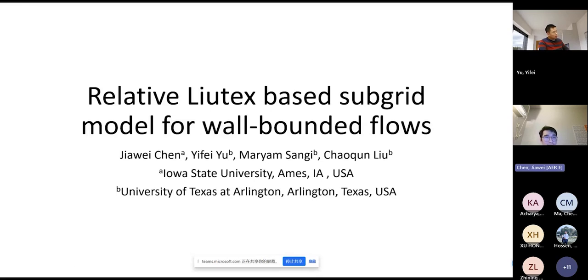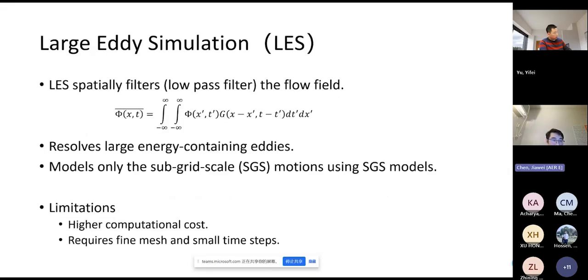Our presentation is about developing a relative Liutex-based subgrid model for bounded flows. First, let me start with some background on large eddy simulation.